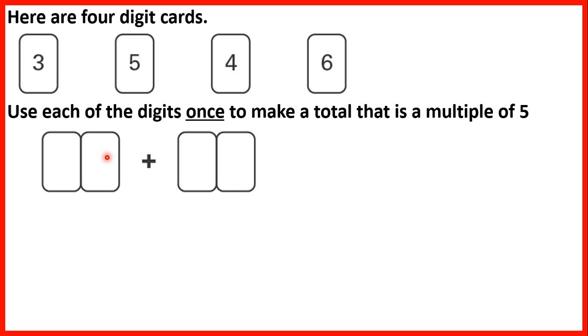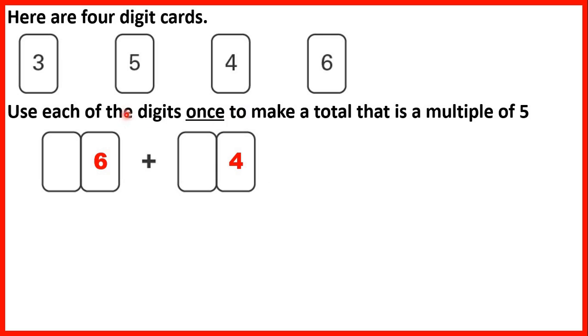So we can work out our ones digits first, because we need to make a number that ends in 0 or 5. So if we use 6 and 4, then that will give us an answer with 0 as the ones digit, because 6 plus 4 is 10.